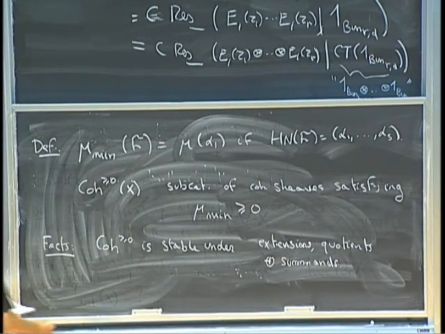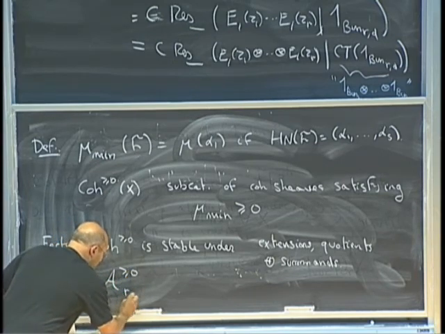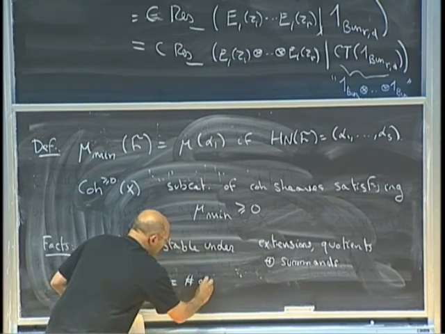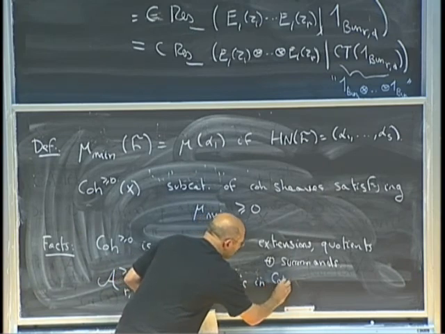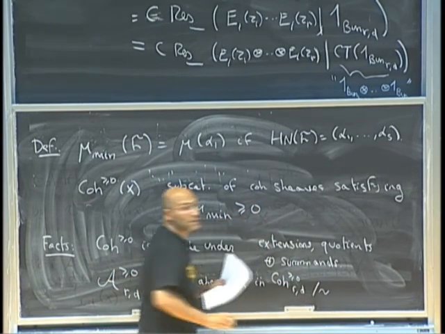So therefore, you can count the number of indecomposables, and you have this A_{≥0,R,D}(X), which is the number of absolutely indecomposables in Coh_{≥0} of rank R and degree D.